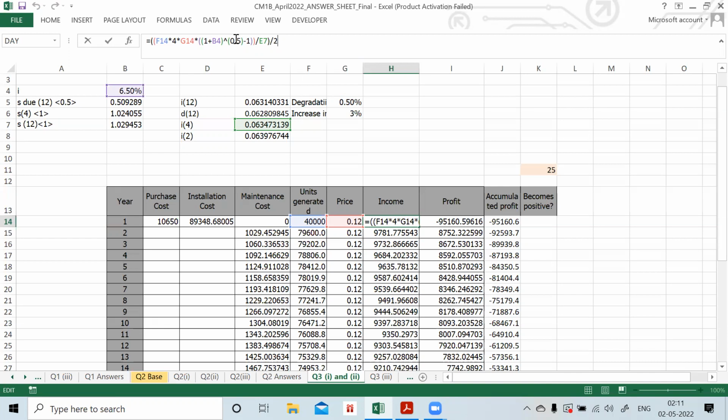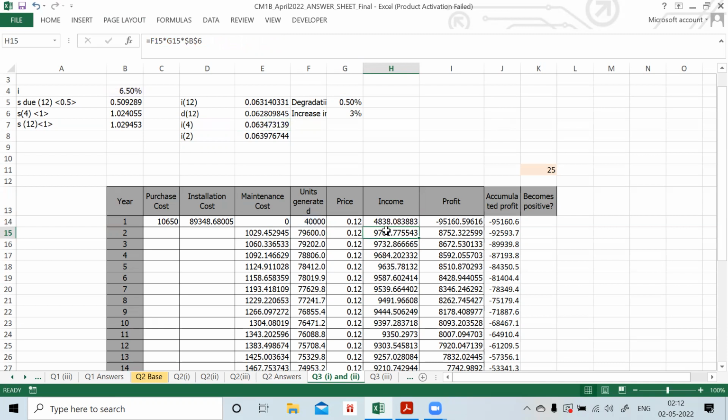And then the whole thing is divided by 2, 0.5, because payments are being done half yearly in the first case.